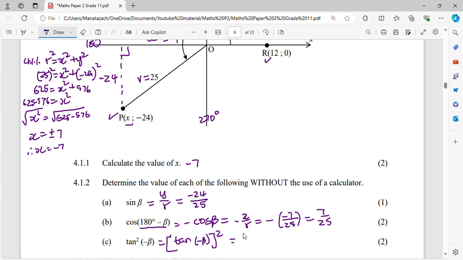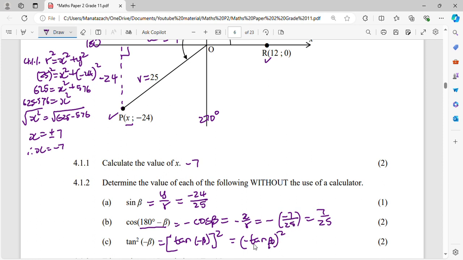On the fourth quadrant, tan should be negative, since tan is the ratio of y and x. So tan should be negative, so we'll write minus tan beta, still all squared.